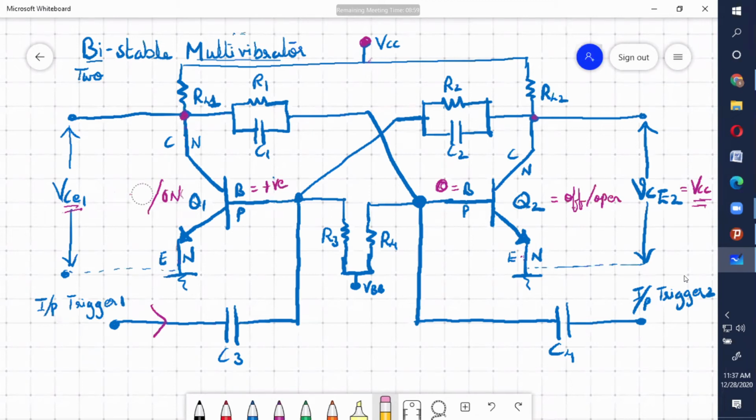Transistor Q2 will be in which condition? What is its output? Similarly, what is the output of VCE1? Q2 is on. So what will be its collector value? 0.